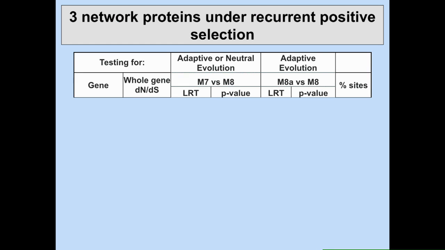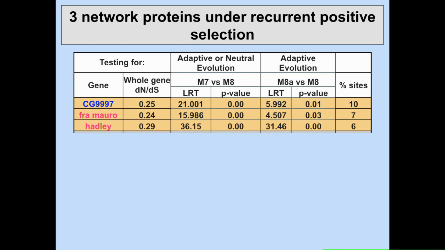The other comparison is the M8A versus M8 comparison, which compares a model allowing for positive selection against a model allowing for neutral evolution. Significance in this test indicates that there is a class of sites in the protein evolving under positive selection. And so as you can see, CG9997, Fra-Mauro, and Hadley are the three sex peptide network genes that are evolving under positive selection based upon their significance in both tests.